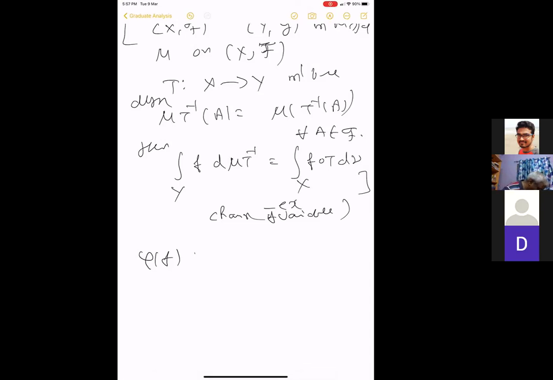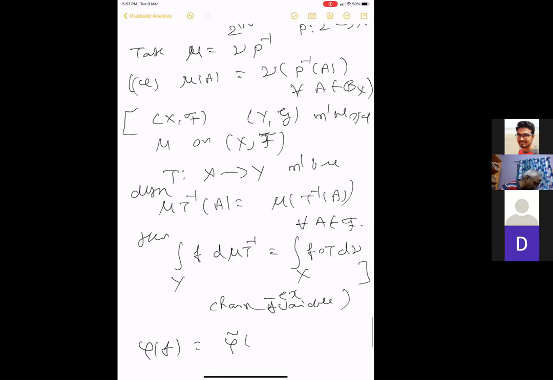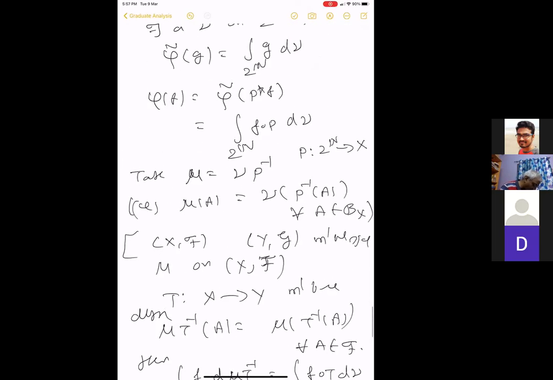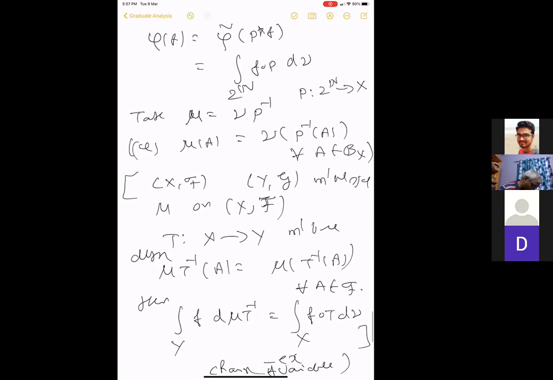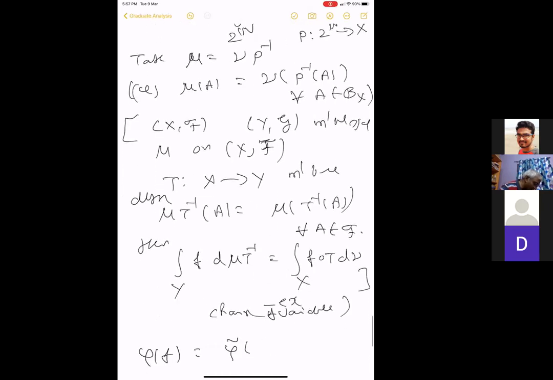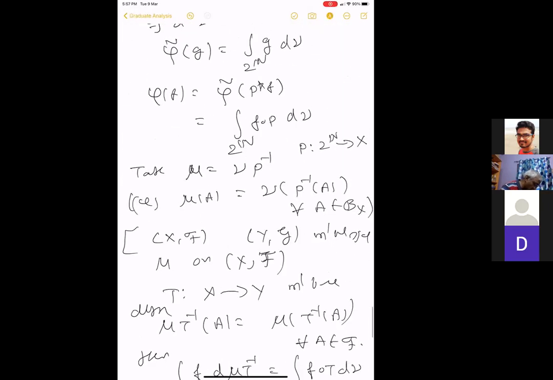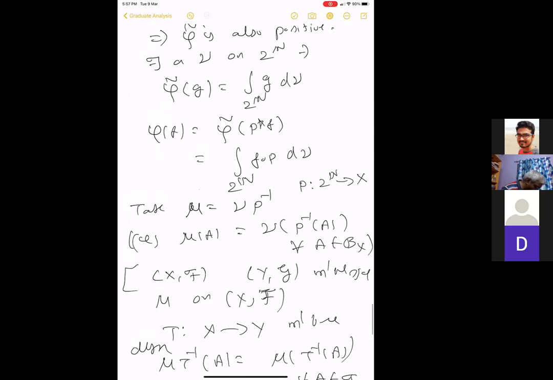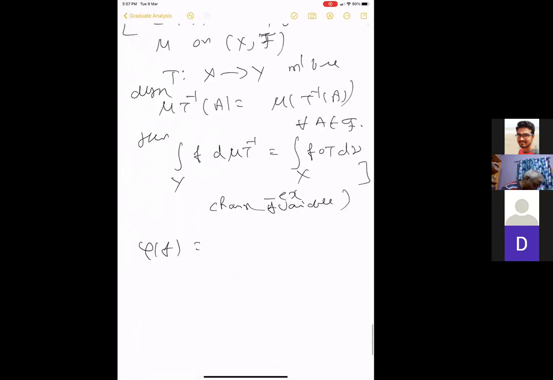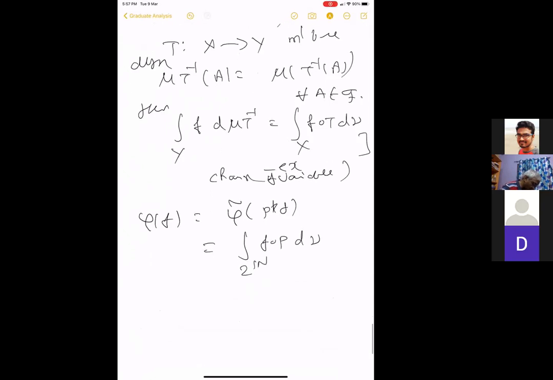Now phi of f equals phi tilde of p star f, which is equal to the integral of f of p d nu over the Cantor set.